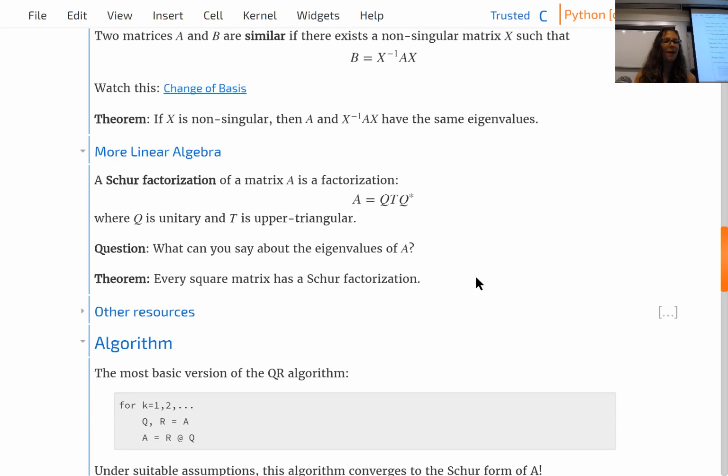And I apologize that there's some new vocabulary, but a Schur factorization is a factorization exactly like this, only the matrix in the middle is upper triangular. So here, you would still say A and T are similar, and T is upper triangular.